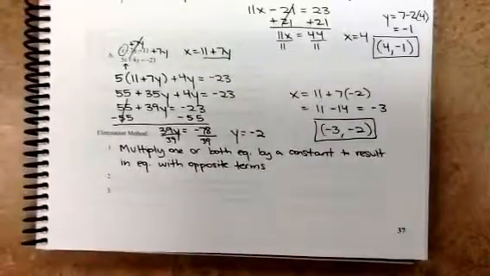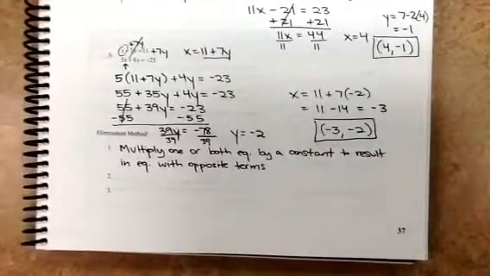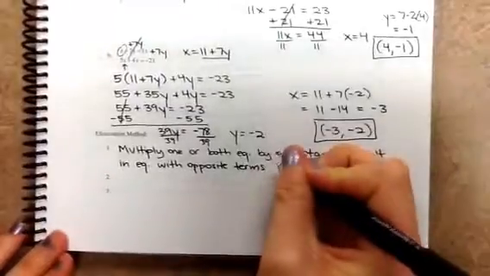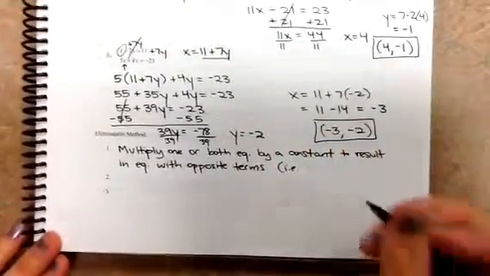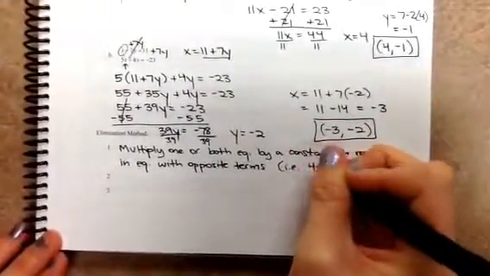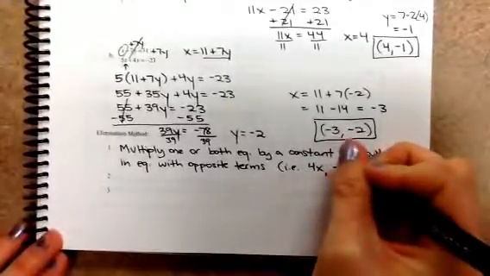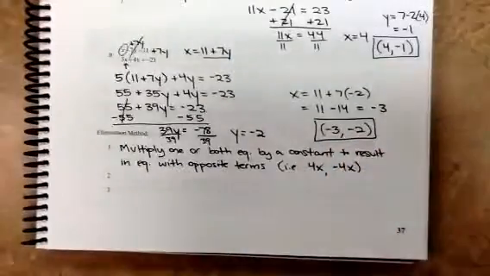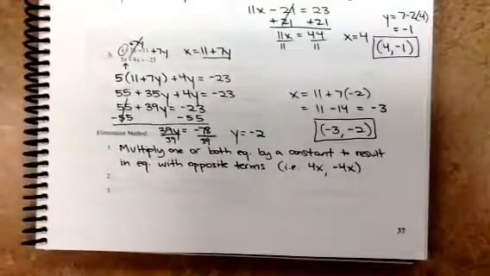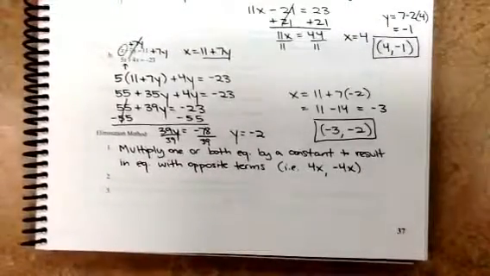Example, we want maybe one of the equations to have a 4x, and we want the other equation to have a negative 4x. That's what we mean by opposite terms. So that's our goal. We want to pick either x's or y's to eliminate them.